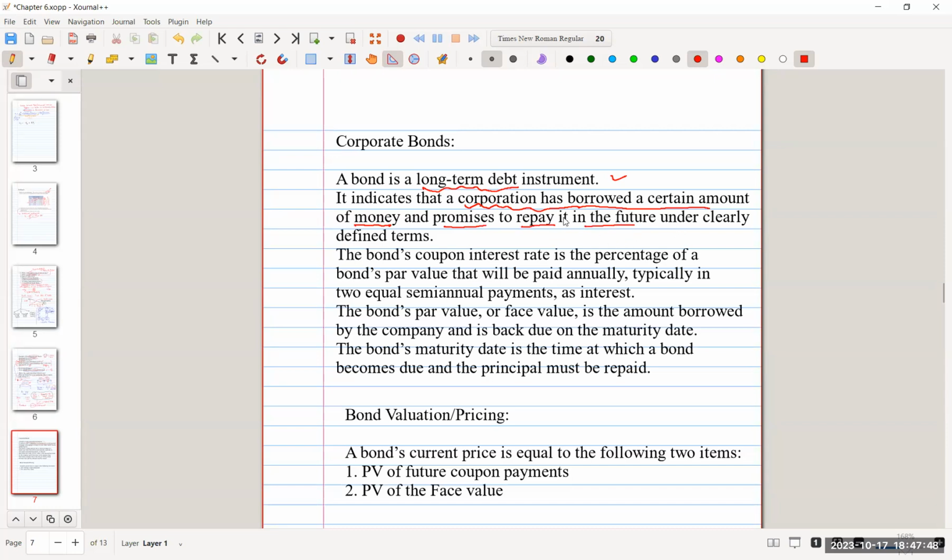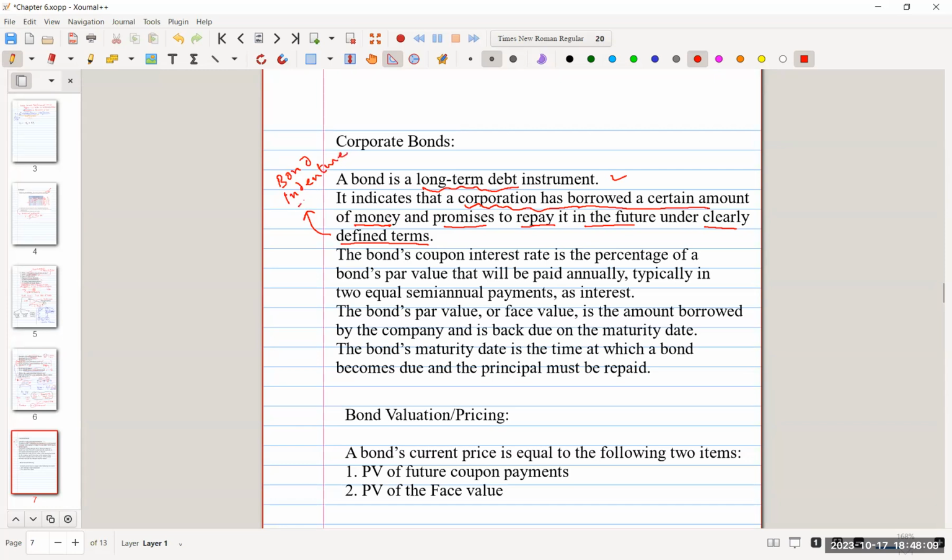And this arrangement will have to be specified in very clear, defined terms. These terms and conditions are known by the formal word, a bond indenture. Indenture is just another name for a contract.